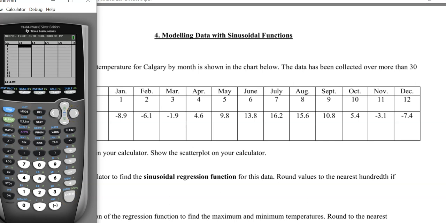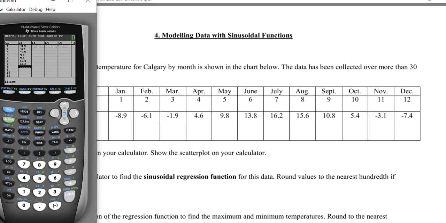So in L2, we're going to put the temperature, so negative 8.9. So that's January, negative 6.1. February, negative 1.9, right? It starts to warm up in March. 4.6 for April. 9.8. 13.8. So still getting warmer. July, 16.2.